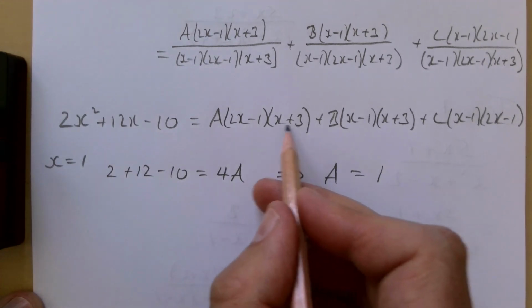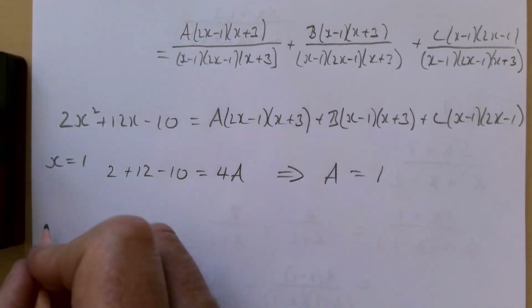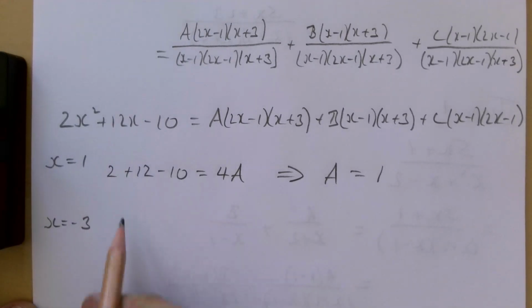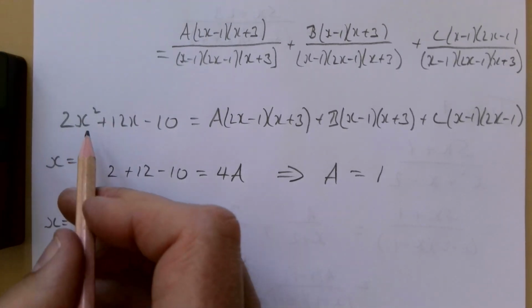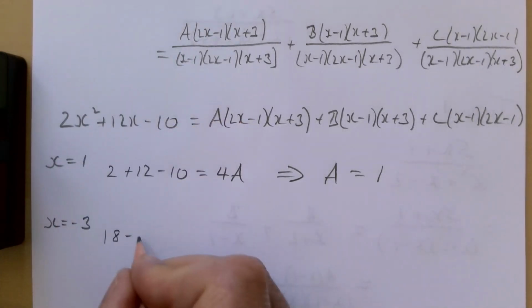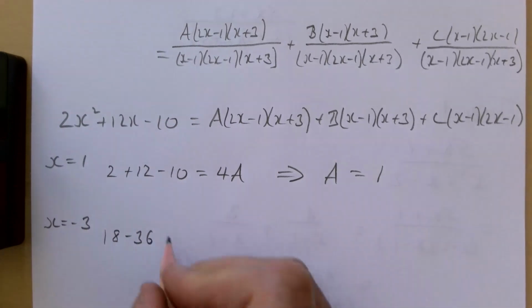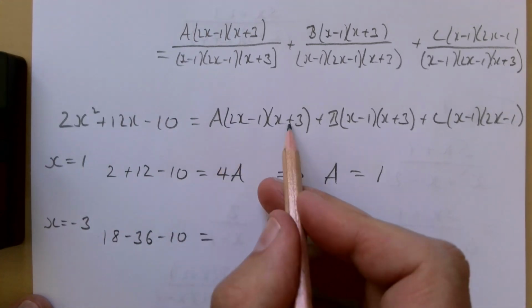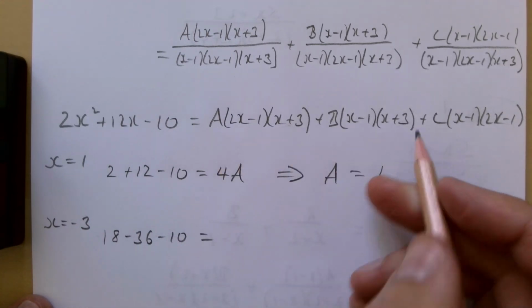Next thing I'm going to do, I'm going to let x equal minus 3. So again, just be careful here. If x equals minus 3, squared is going to give me 9, so that's going to be 18. Take away 36. And then take away 10. That's going to equal, that's going to disappear, that's going to disappear.